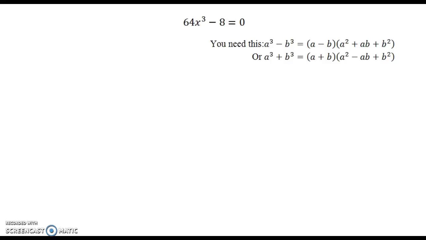So, for this one, I have to make note, is it the sum or the difference? Well, because I'm subtracting right here, that means it's the difference, right? Sum means I add, difference means that I subtract. So I'm going to use the first formula up here.